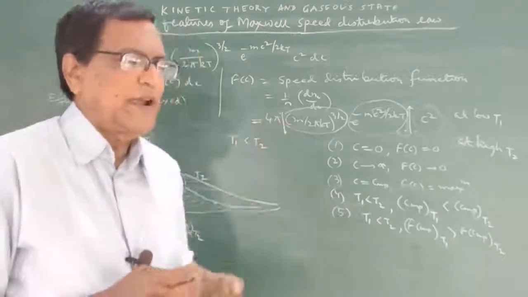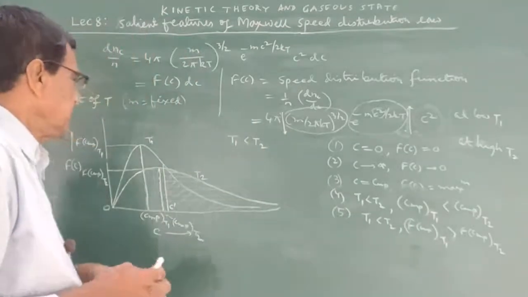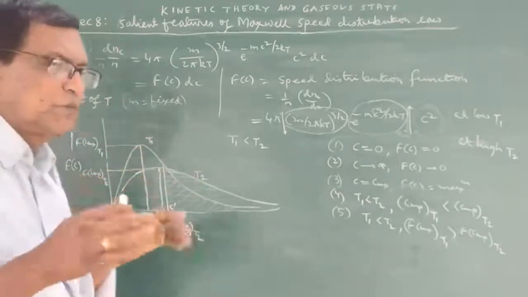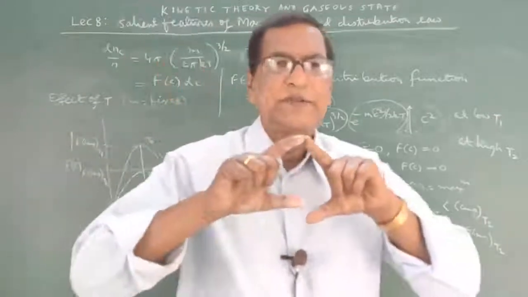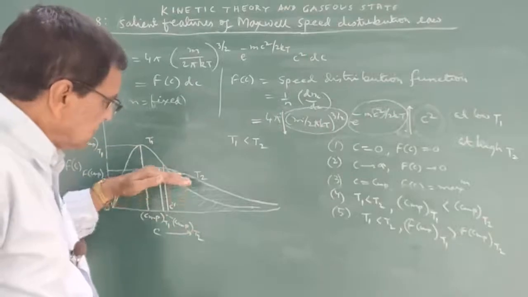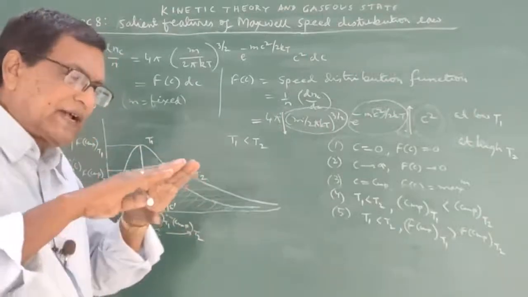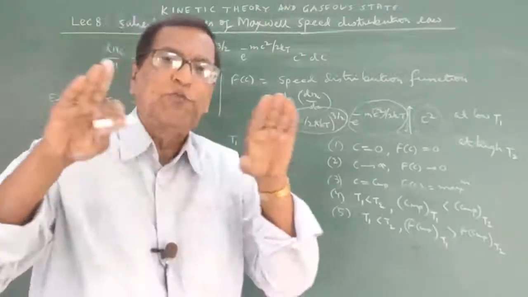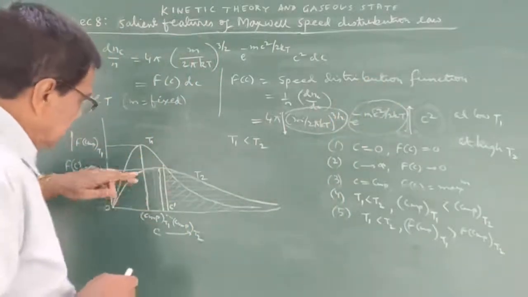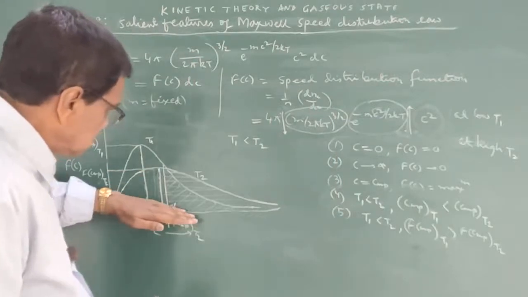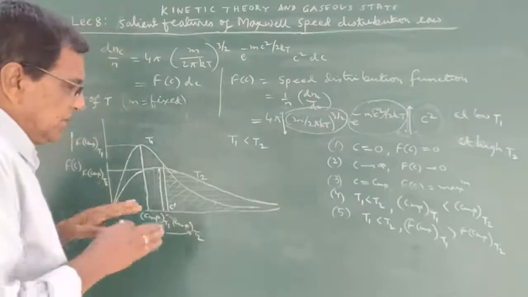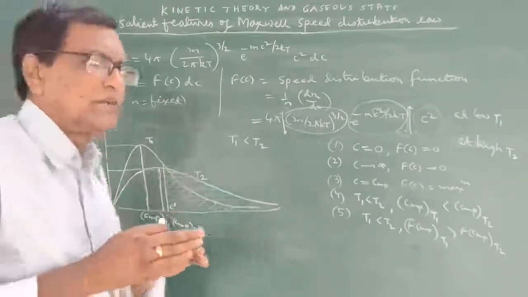And another two factors I would like to mention here. If you increase the temperature more and more, then this curve becomes more and more shallow, more flat, and the speed becomes more and more uniform. At very, very high temperature, this curve will lie along this C-axis, and so it means that all the molecules will have the same speed.